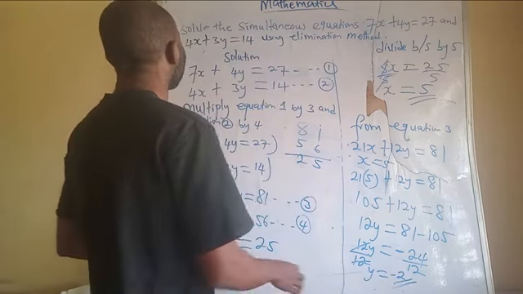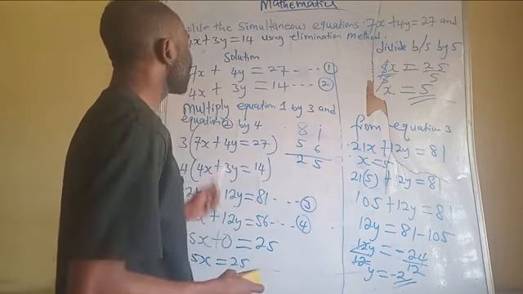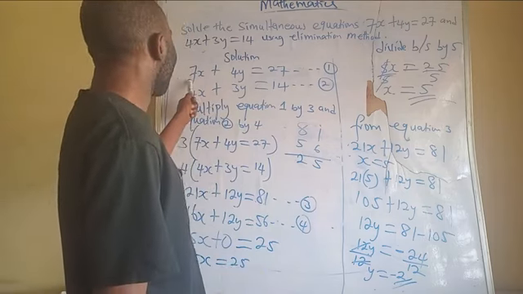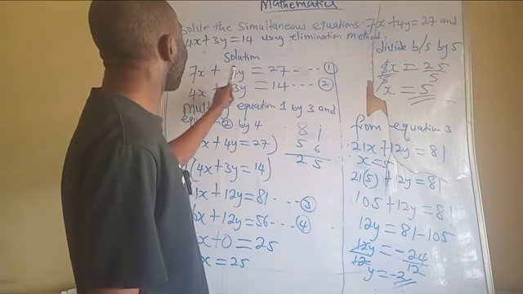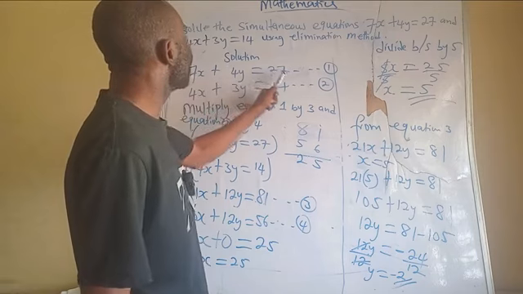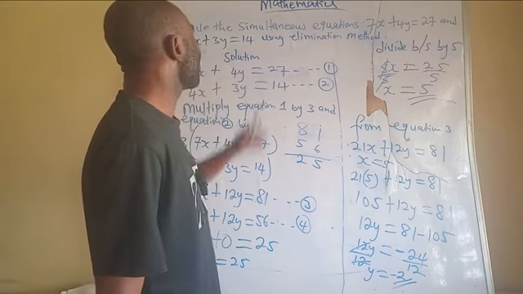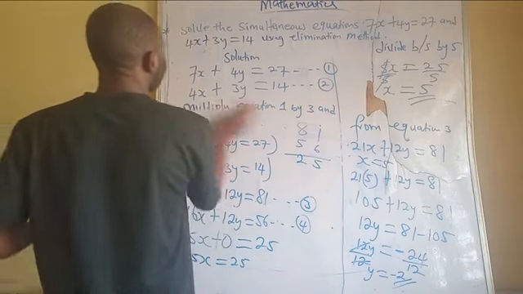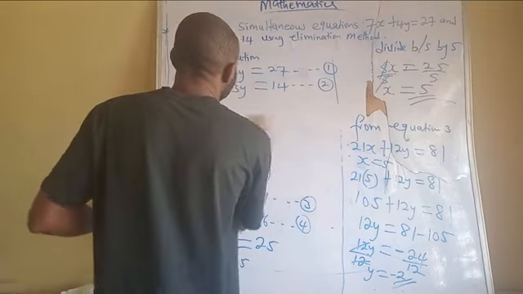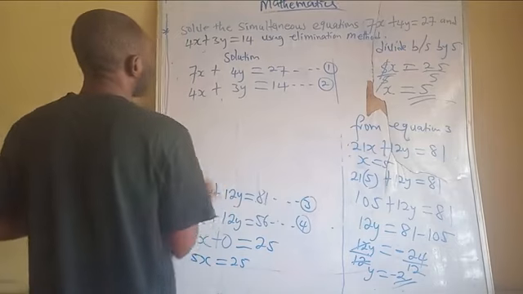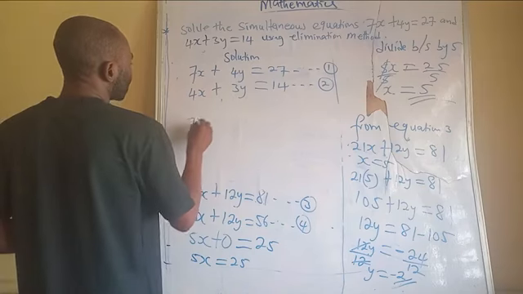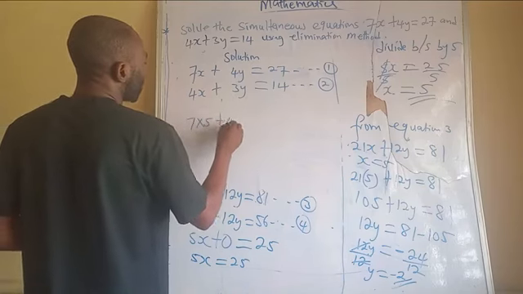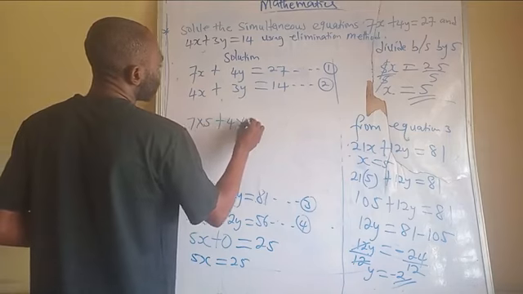So now let's check if, when we substitute from equation 1 the value of x and y, this will give us 27. So let's check it. Since we know that the value of x is 5, so 7 times 5 plus 4 times minus 2.